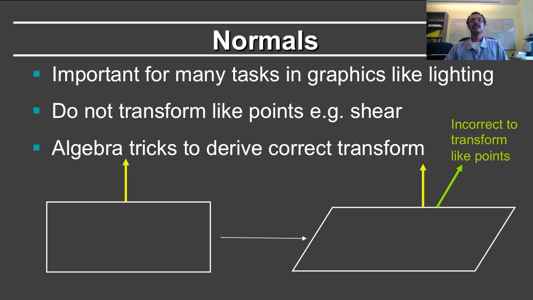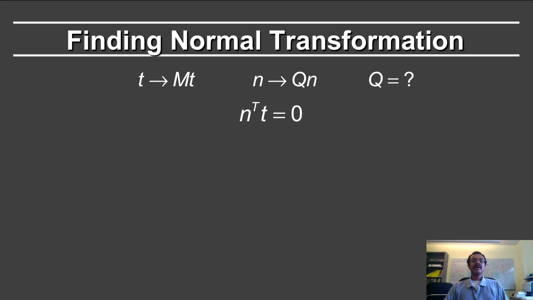If you want to think about this, also think about the transformations on a circle when it's stretched into an ellipse. The normals will not transform the same way as the geometry. In fact, they'll transform in the inverse way in a certain sense. So to find the normal transformation, we consider a point on the surface and we consider the geometric location around it. So we consider a plane around the point.